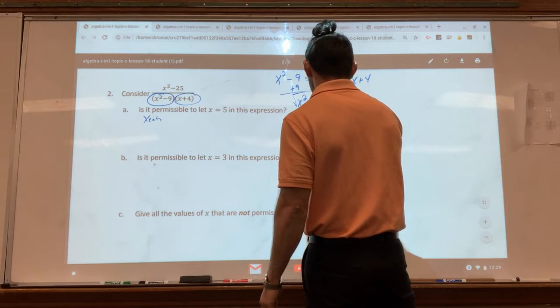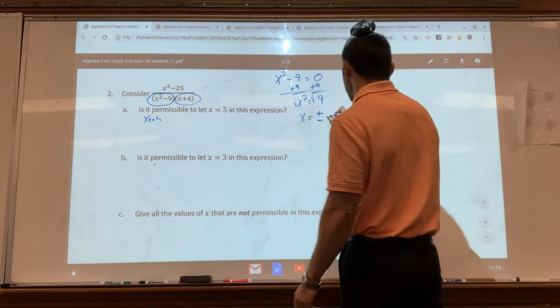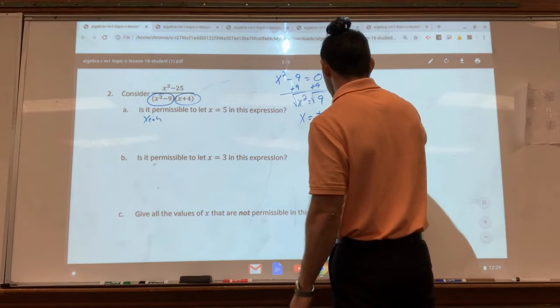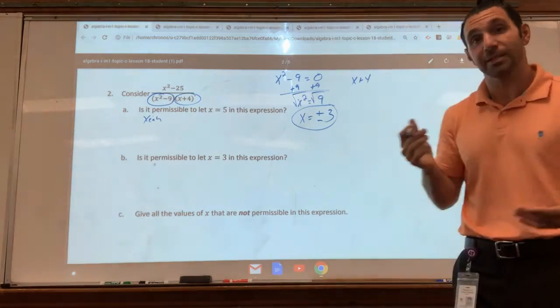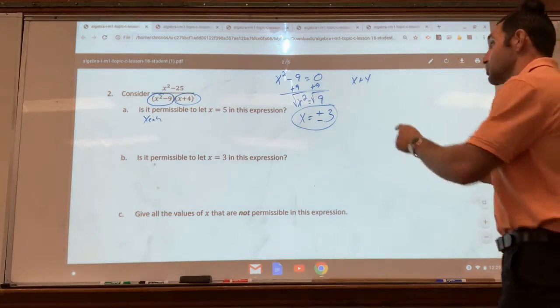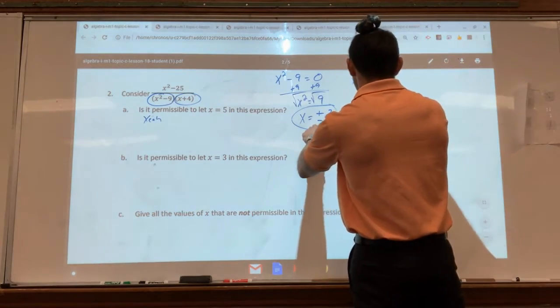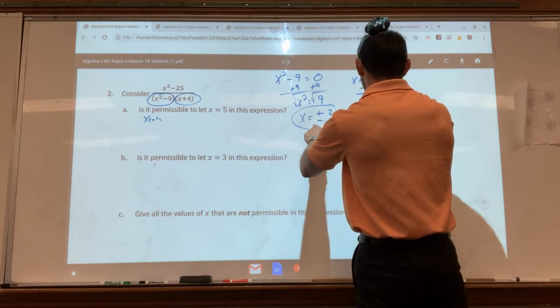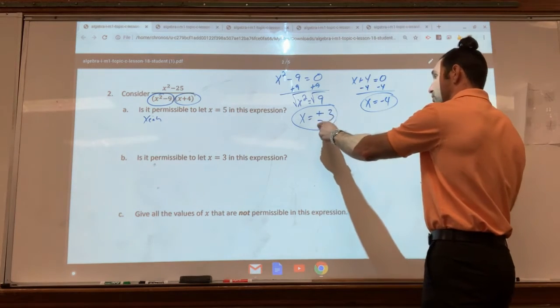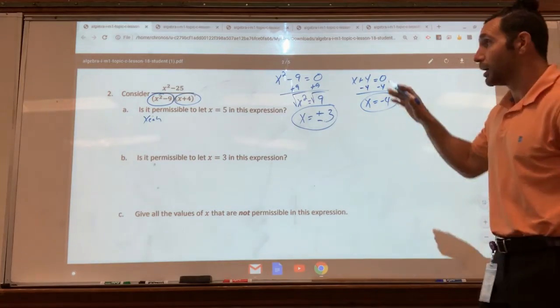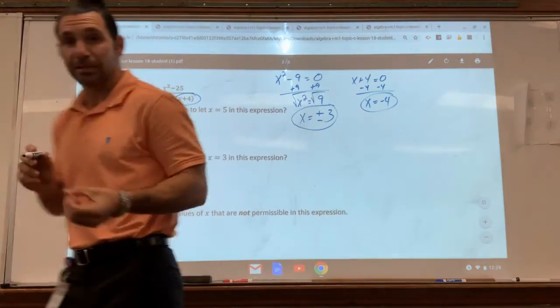And remember, it leaves us two answers, a positive and a negative 3. Because negative 3 times negative 3 is 9, 3 times 3 is 9. So I have two answers that it can't be, and then I subtract 4 because that equals 0, and x equals negative 4. So all three of these, positive 3, negative 3, and negative 4, would put the denominator at 0.